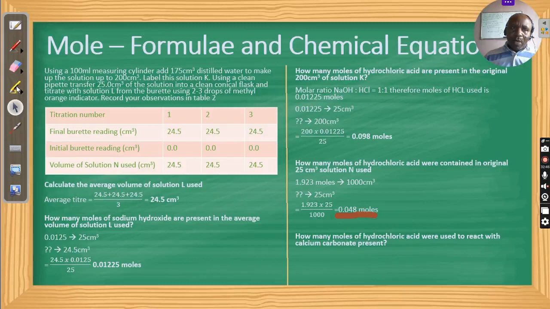And also we are aware that after the reaction, 0.01225 moles of hydrochloric acid has been used in this titration.